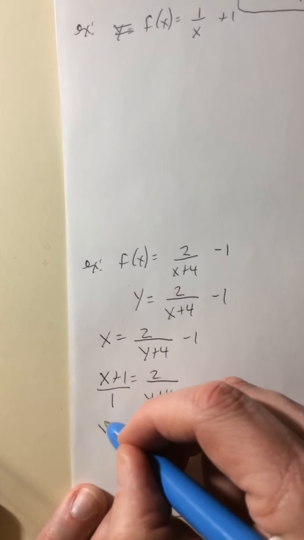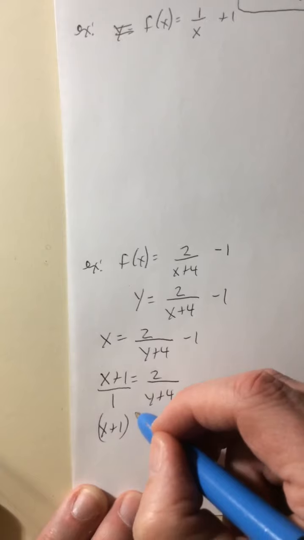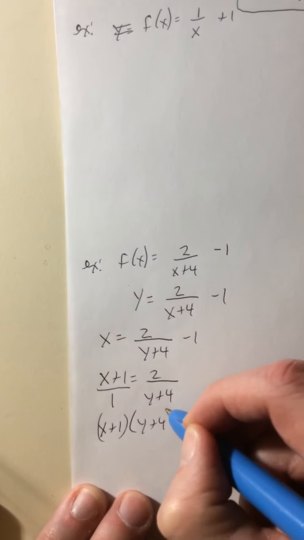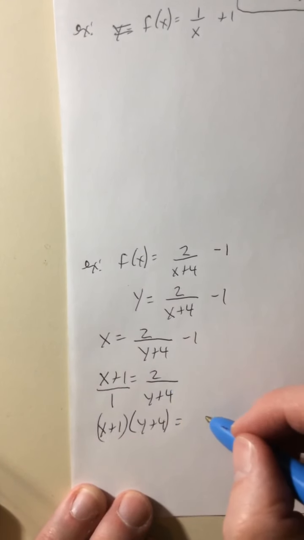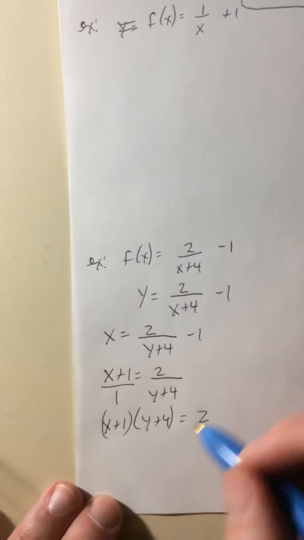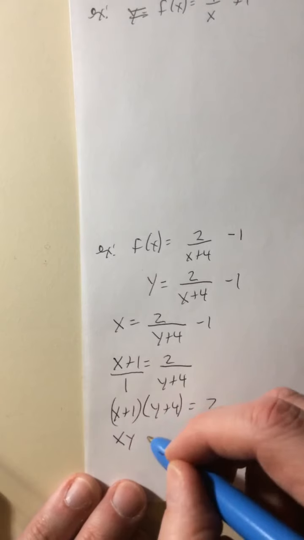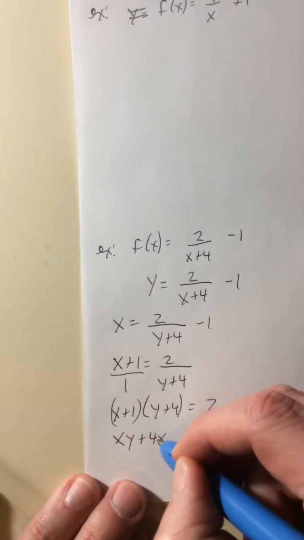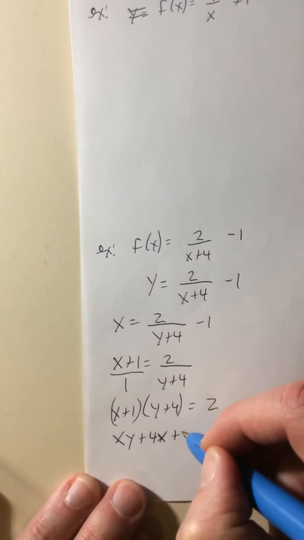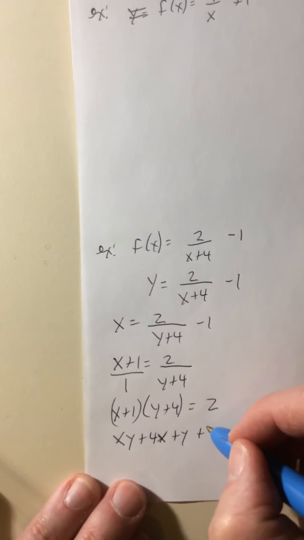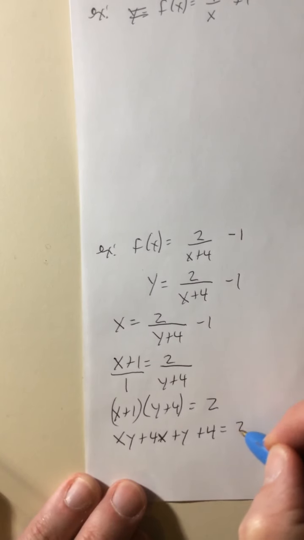So we have x plus 1 times y plus 4 equals 1 times 2, or 2. We just cross multiplied. Then we multiply all the stuff here by FOIL. So we get xy plus 4x plus 1y plus 4 equals 2.